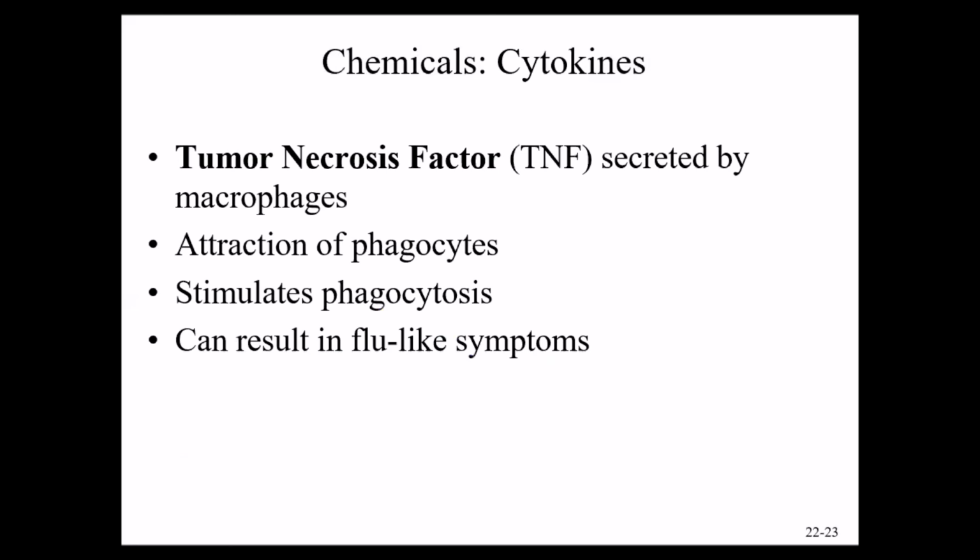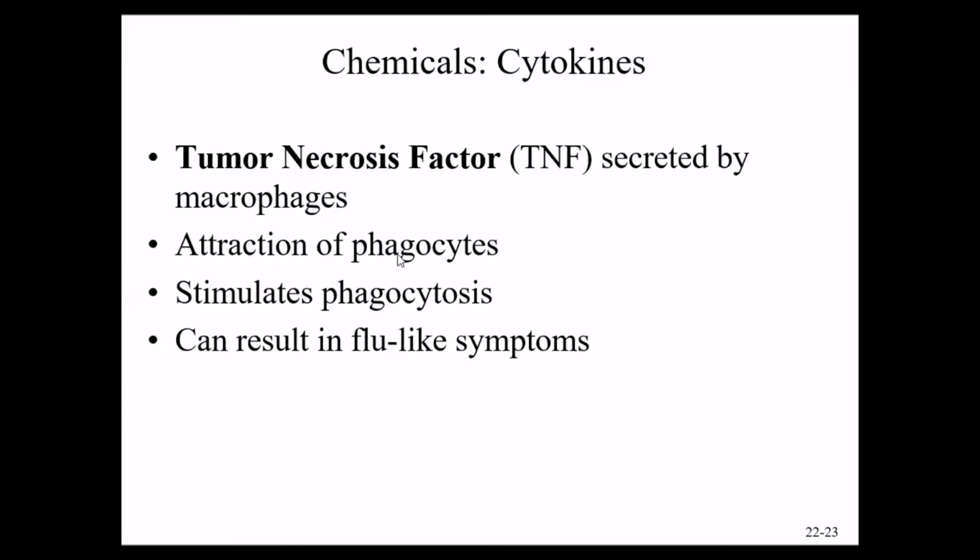Another group of chemicals are called cytokines, and there's actually 3 different types of cytokines we'll mention. One is called tumor necrosis factor. This is a type of chemical that's secreted by macrophages. It was found in certain cells that this type of chemical actually causes tumor cells to die. That's where their name comes from, tumor necrosis factor. But they also found other things. It attracts phagocytes to an area.